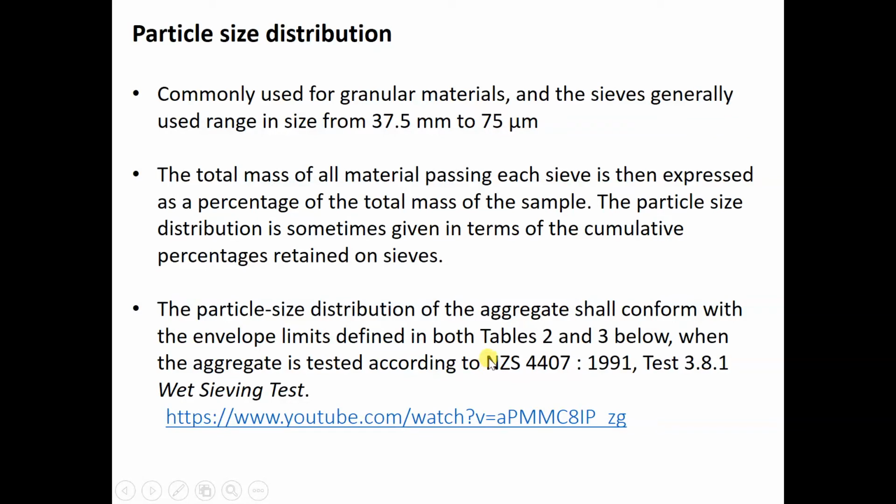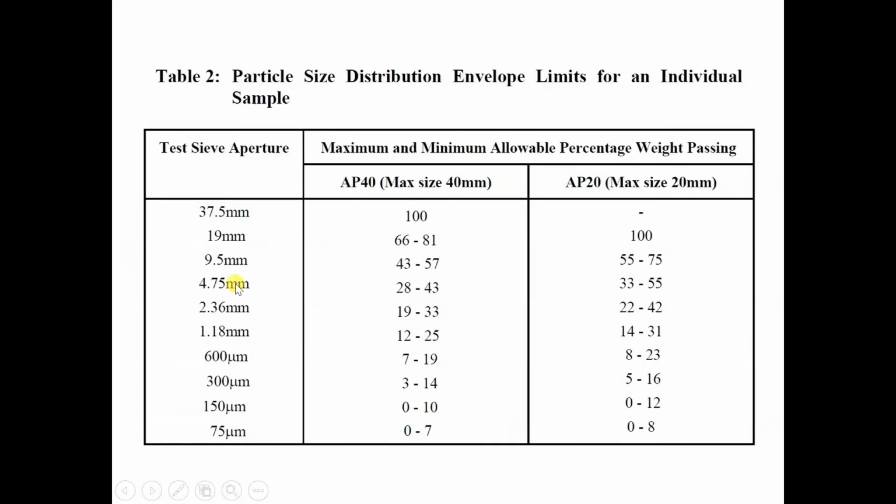For the project, usually the particle size distribution needs to conform to these two tables in the TNZ M4. Table 2 is for an individual sample. For AP40 or AP20, they need to be in this range.